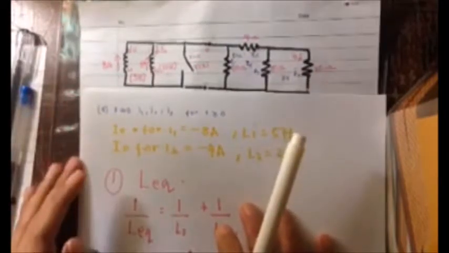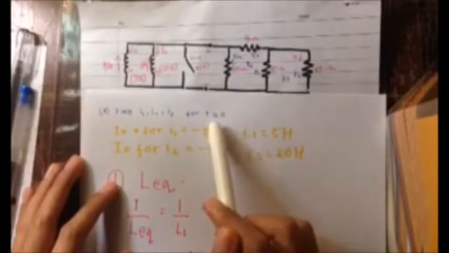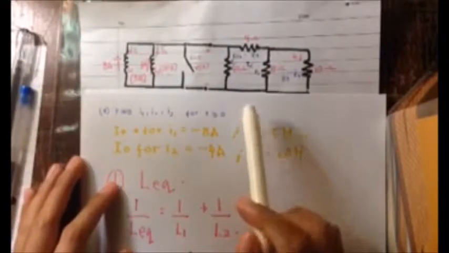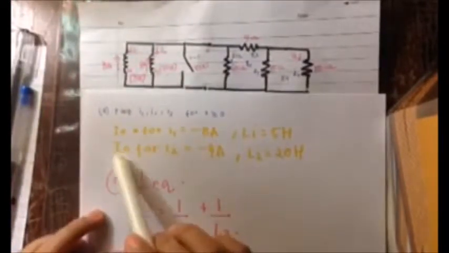The first question is to find I1, I2, and I3 for t greater than 0. As we know, I0 for I1 is negative 8 ampere and I0 for I2 is negative 4 ampere, because they have opposite signs of current.